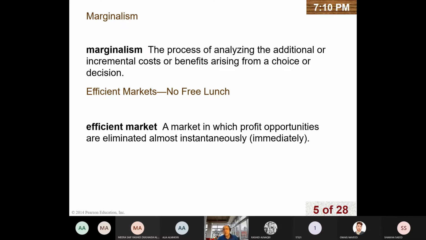In this case, I will not call the telecommunication market efficient. Why? Because a firm such as Ittisalat earns high profit for a long period of time. So see here, the profit opportunities are not eliminated.